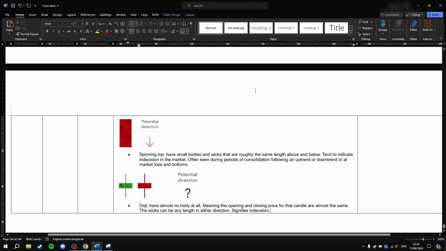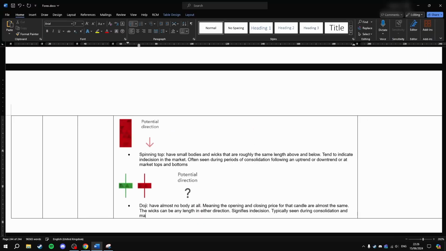Typically seen during consolidation and market tops or bottoms.